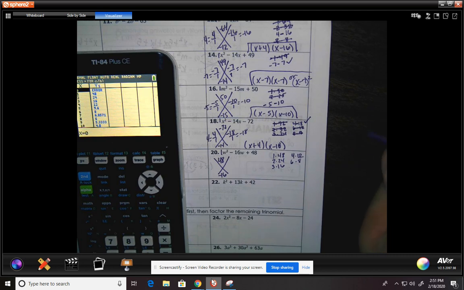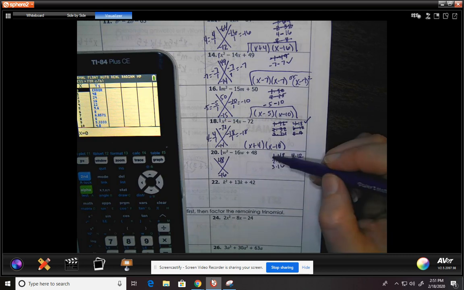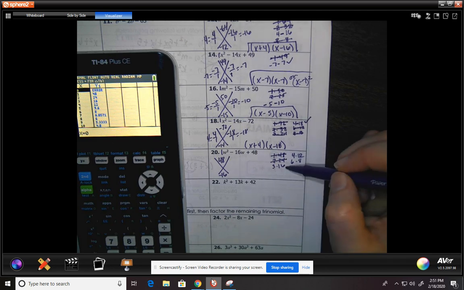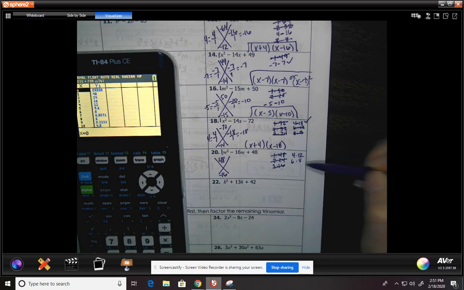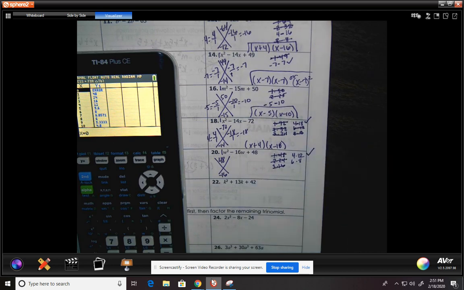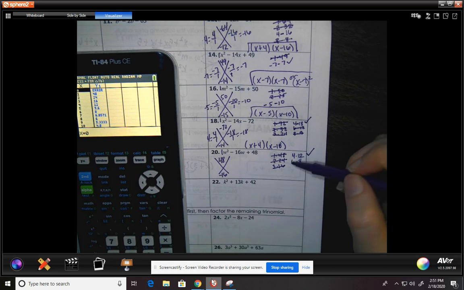Okay, they either have to add or subtract to negative 16. So this would add to 49, subtract to 47. This would add to 26, subtract to 22. This would add to 19, subtract to 13. This would add to 16 and subtract to 8. This would add to 14 and subtract to 2.